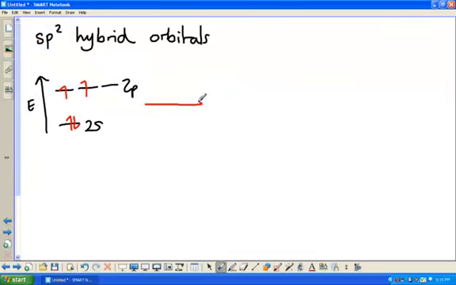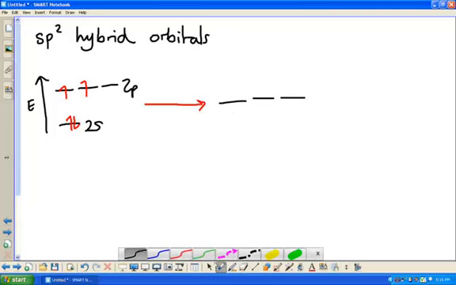We're going to go through the hybridization process again when it comes into contact with hydrogen. Kind of depends on how much hydrogen it comes into contact with. And in this case, let me erase that. In this case, what happens is we get something that looks like this.